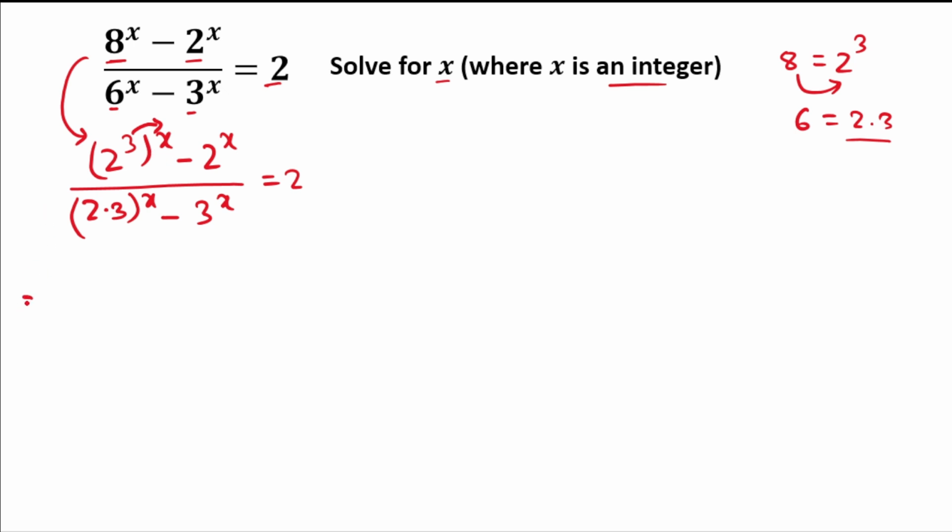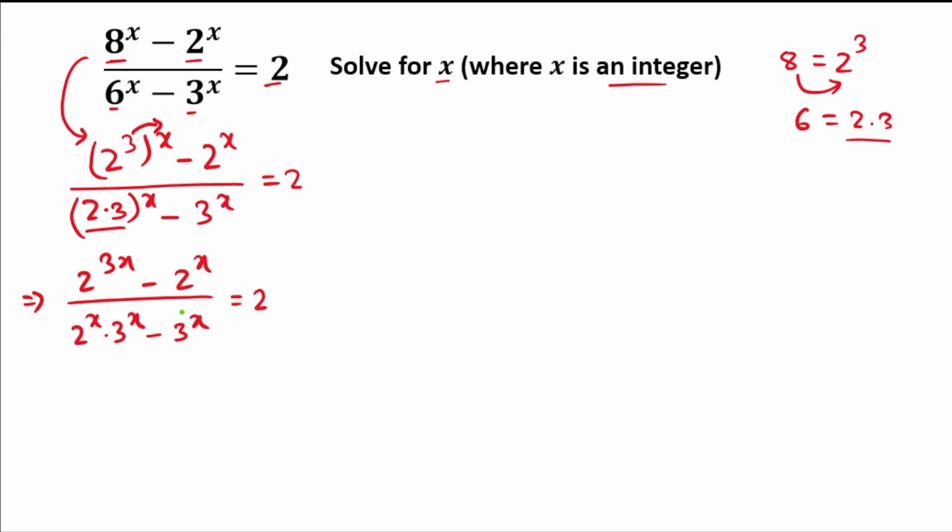So here we will write it as 2 raised to the power 3x minus 2 raised to the power x, divided by, now here we'll split the power, 2 raised to the power x multiplied by 3 raised to the power x, minus 3 raised to the power x, that is equal to 2.